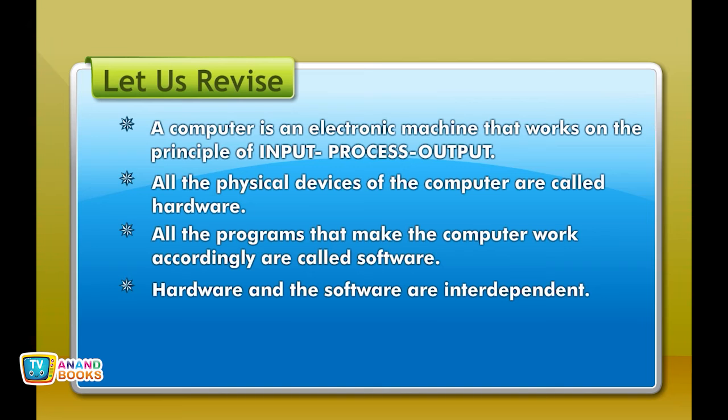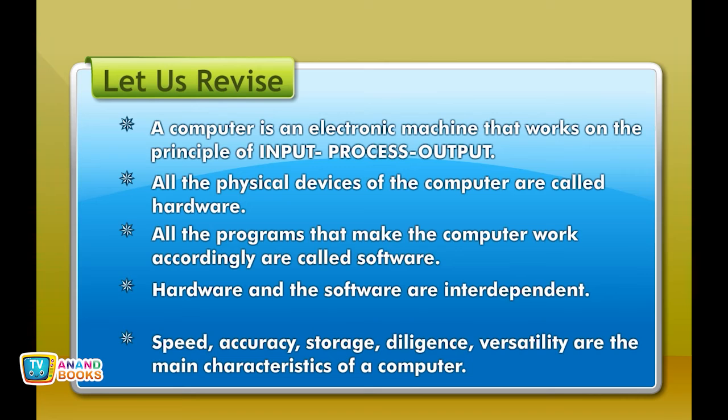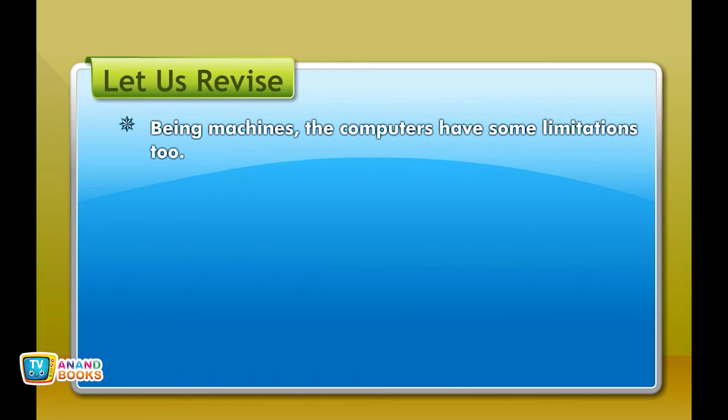Hardware and software are interdependent. Speed, accuracy, storage, diligence, versatility are the main characteristics of a computer. Being machines, the computers have some limitations too.